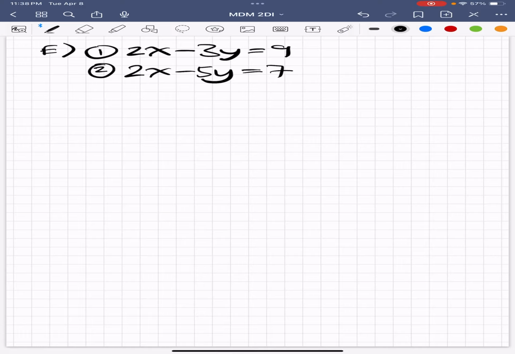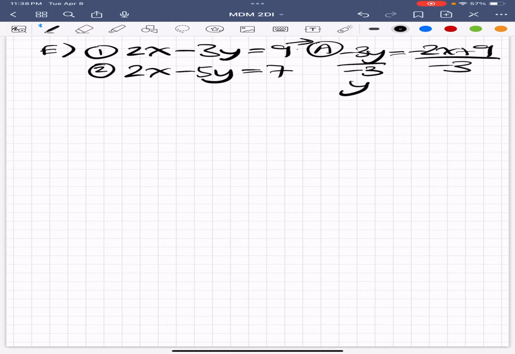All right. So we isolated y within equation 1.